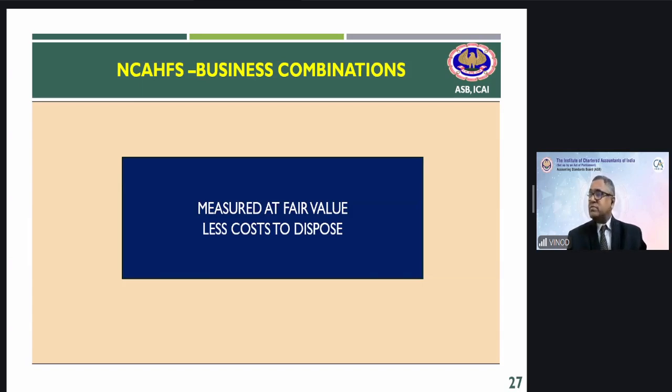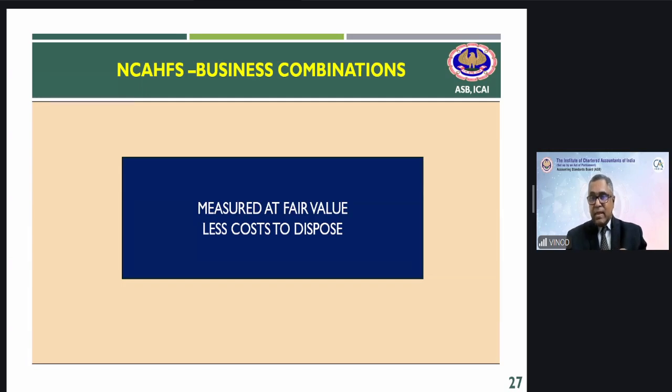Now in business combinations, as you are aware, when I am buying a subsidiary, anything more than 50%, in the CFS, the parent company accounts for the subsidiary's assets at fair value, not in the SFS. All subsidiary assets are at fair value in the CFS.